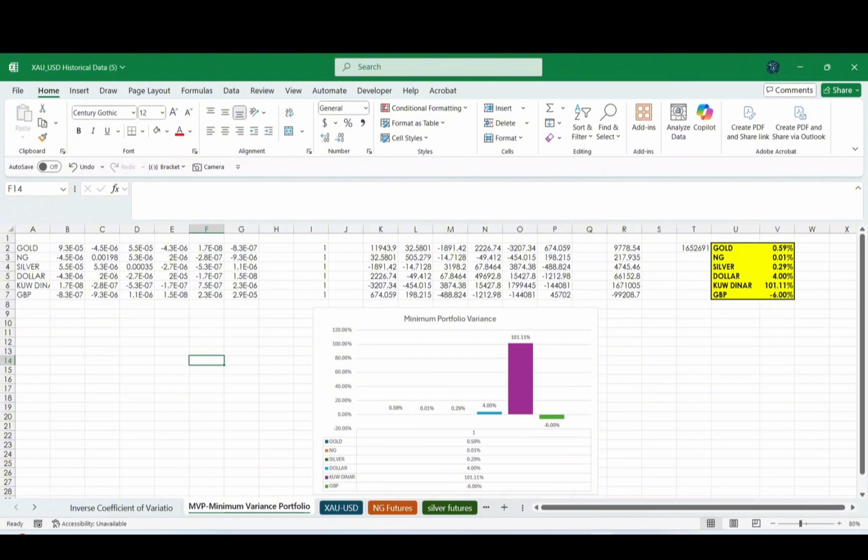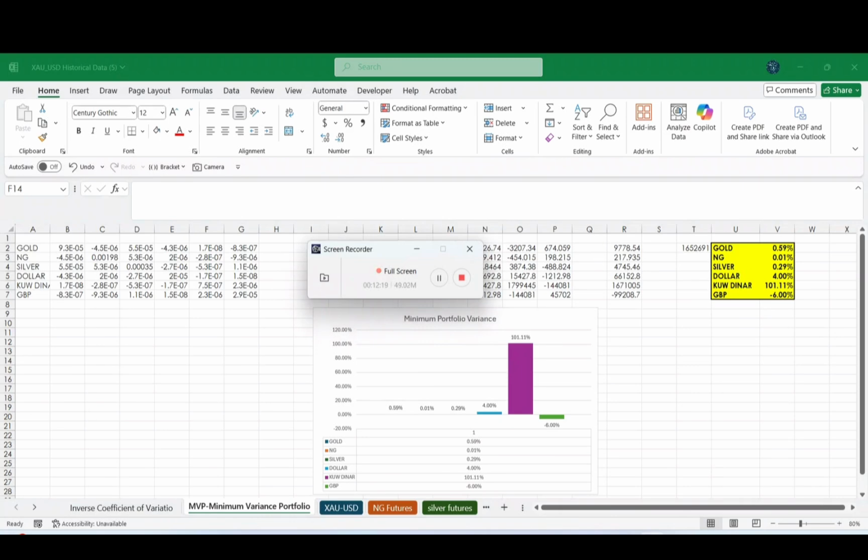There is a lot of mathematics behind that. So if we go through modern portfolio theory, we should allocate based on the minimum variance portfolio, the MVP. Okay, guys, I hope this lesson will prove helpful. Thank you.